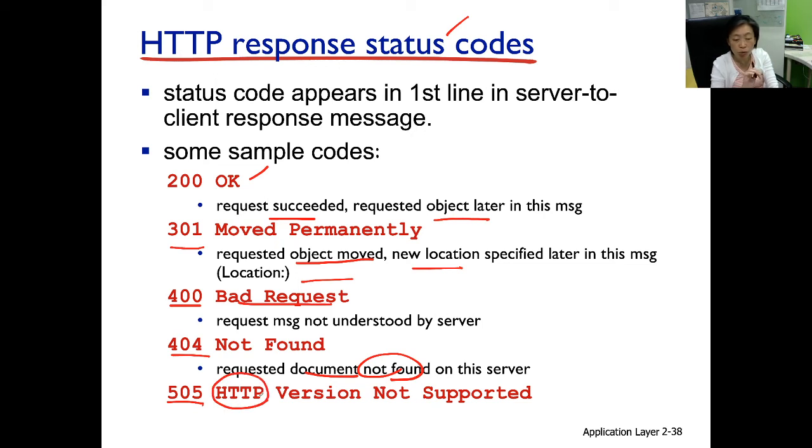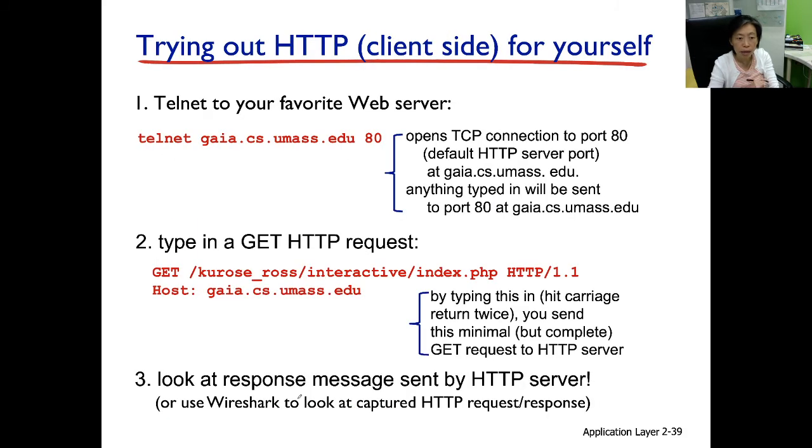So in case you're using a very, very old browser, or if you're contacting a server that's very, very old, and yet your browser is implementing something newer, then you might not be able to communicate. The server is going to tell you this. Sorry, 505. Good.